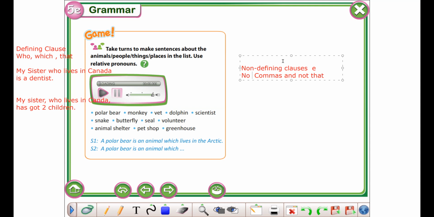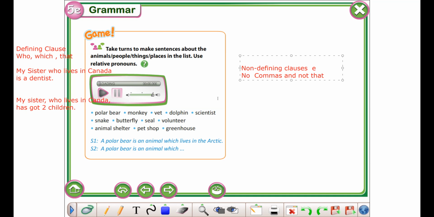Добре, I'll give you a test to check your reading and all these different types of comprehension. Стигнахме до следващия модул. Тоест, казахме без запетаи и без that е неопределящо относително изречение.